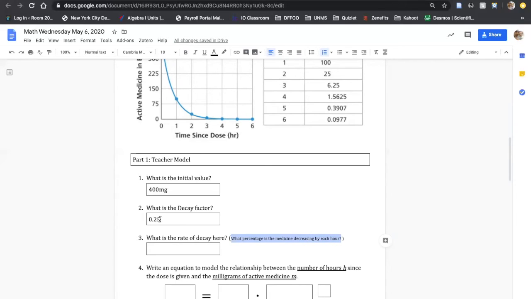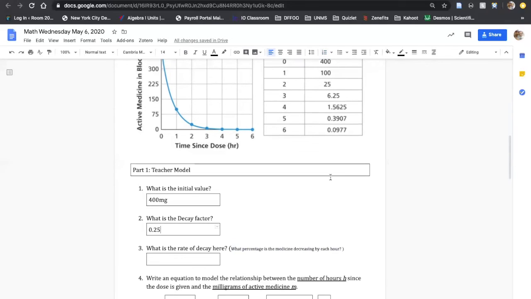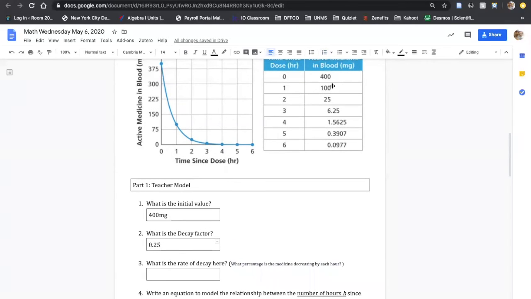Now, when we talk about growth factors, I said I'm just going to convert this part into a decimal, and it will be 25%. But going from 400 to 100 is not a 25% decrease. That's actually a 75% decrease. And again, we're going to practice this particular skill a little bit more tomorrow.